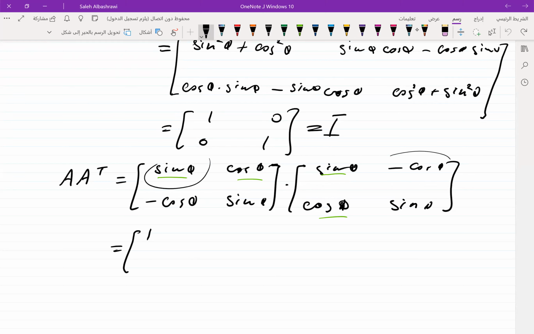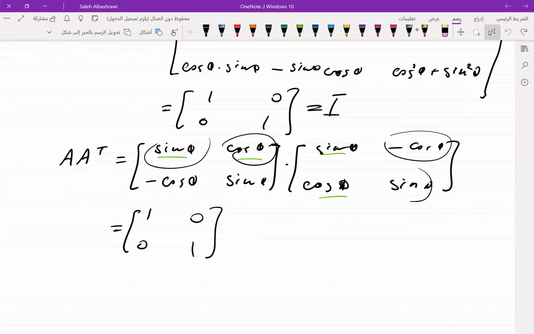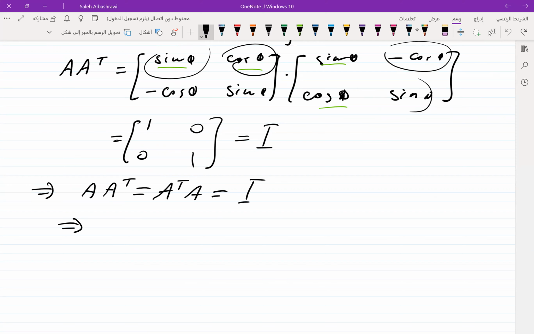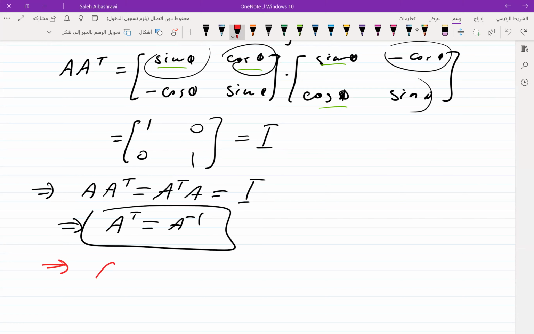Now sine times minus cosine and cosine with sine will give me 0, 0, 1. This is very easy to check, which is the identity. It means A transpose A equals A A transpose equals I. It gives me that A transpose is the inverse of the matrix A. It means A is orthogonal.